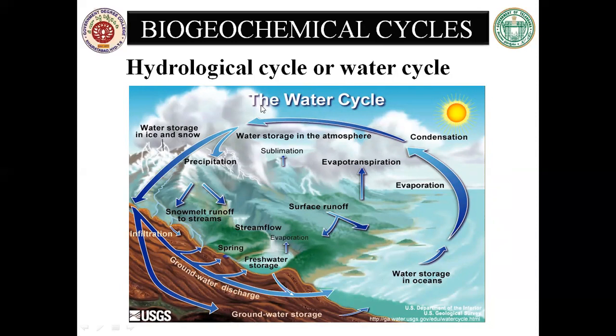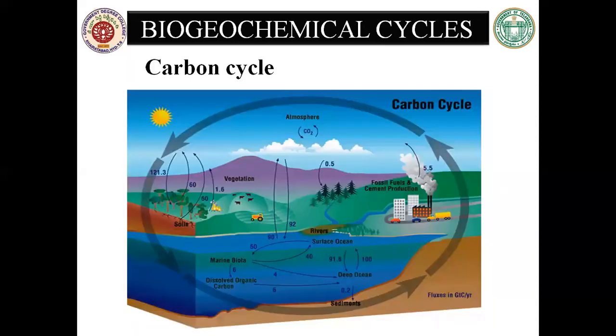After condensation, precipitation takes place, resulting in rainfall, and this rainfall reaches land again. Again, all the water bodies will be filled up by this rainwater. Like this, it takes place in a cyclic way. That's why it is known as the water cycle. This everybody knows.